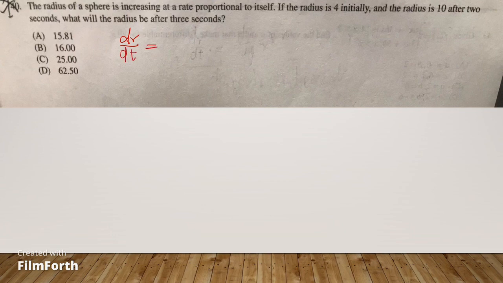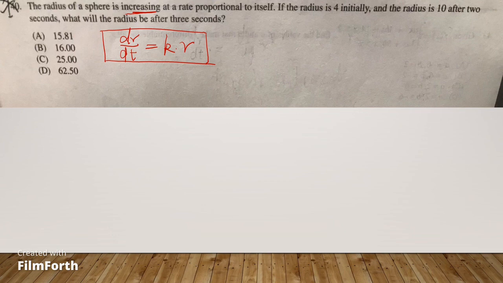The radius of a sphere is increasing at a rate proportional, so we set a constant k, proportional to itself. So we have this expression from the first sentence.